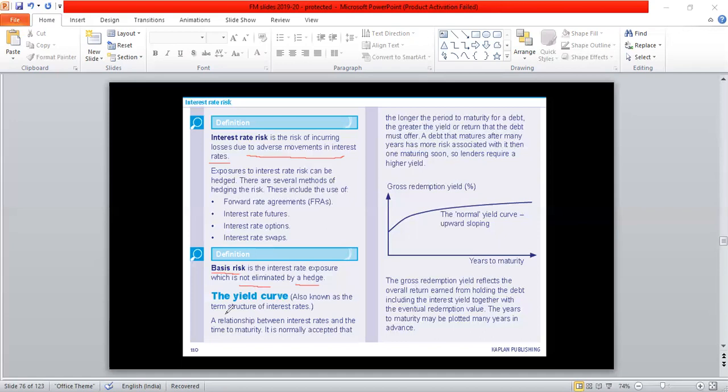When they are rising, they are at a loss because they will continue to receive interest at that fixed rate. Whereas if they had invested in the market, interest from the market is at a higher amount. If the interest rates are falling, they are benefited. So we see that there is an impact of the fixed interest rate, and an impact of the floating interest rate. As the interest rates keep fluctuating, if the payments have to be made at the fluctuating rate, then they may be benefited when the rates are rising.